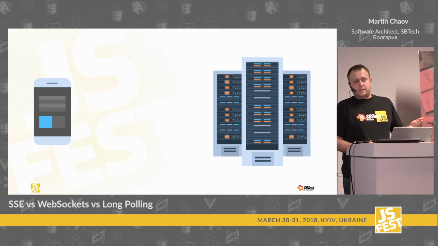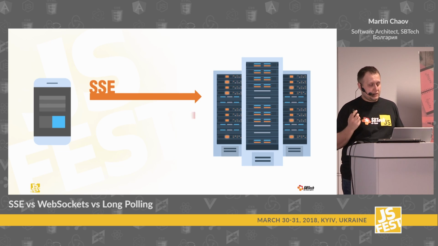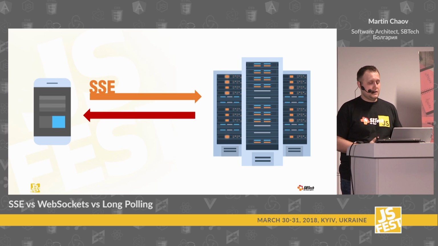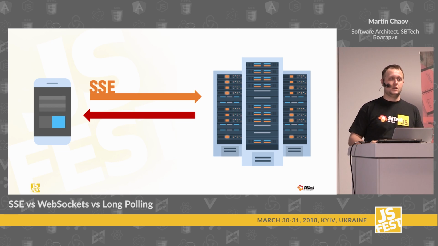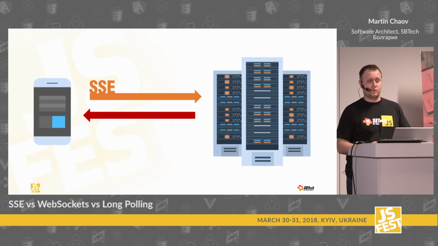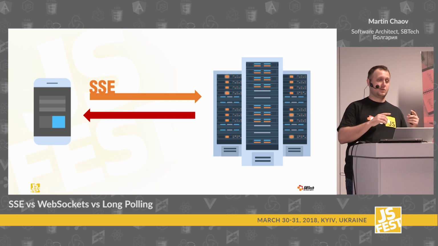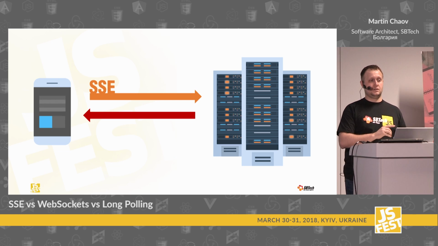So then we get to the SSE. Now what is interesting about SSE is that SSE is unidirectional. You establish the connection once, and then the server sends data to you proactively. So it's server push technology, but you can no longer talk to the server.